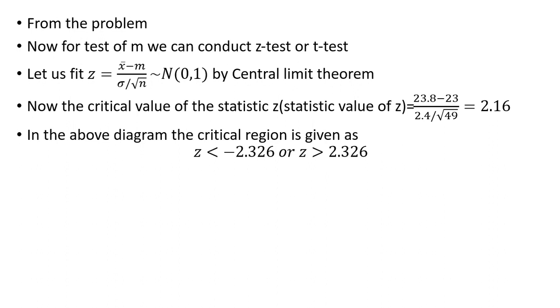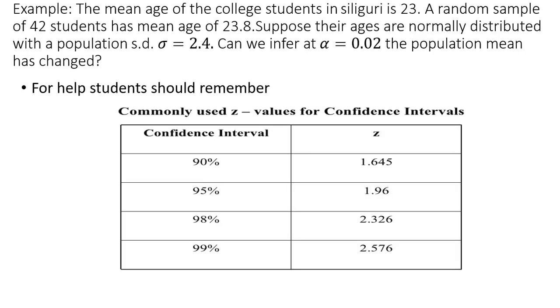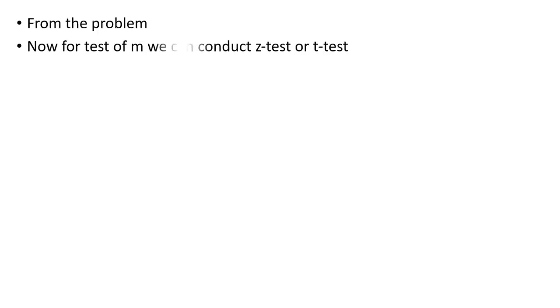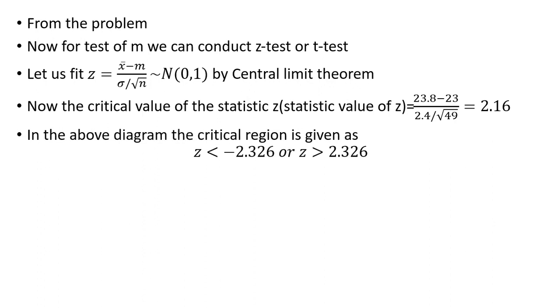Since the alpha value is 0.02, only 2% of the region will be the critical region. That means we can have 98% of the region from minus 2.326 to plus 2.326. So you can easily draw the diagram, and from that diagram you can conclude that the critical region is given as Z less than minus 2.326 or Z greater than 2.326.